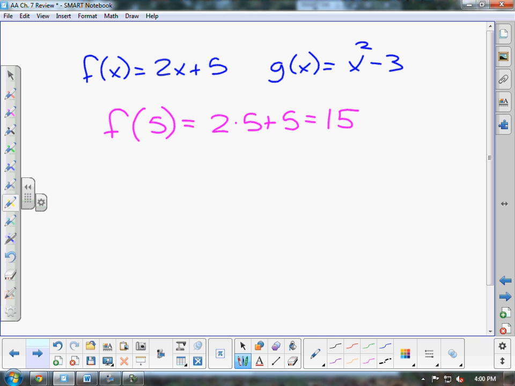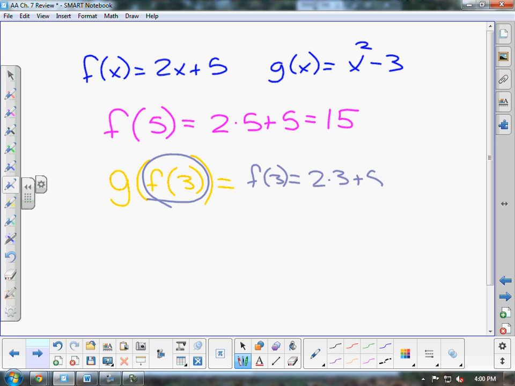Or maybe you will have g composition f of 3. And remember, when you do this, first we figure out what is f of 3. F of 3 is going to be 2 times 3 plus 5, which is equal to 6 plus 5, 11.